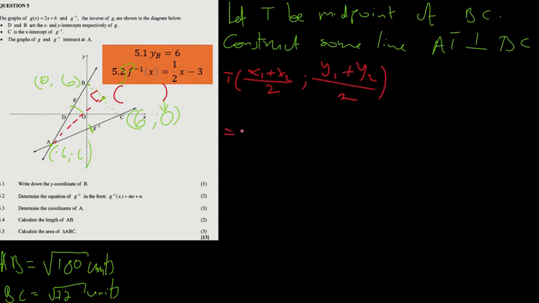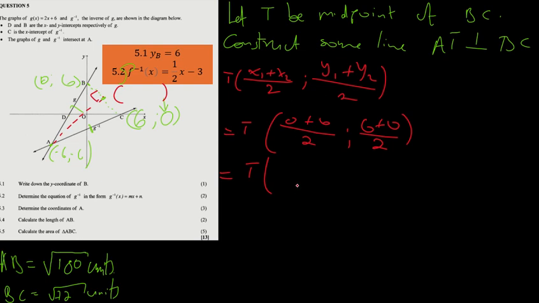So it's going to be 0 plus 6 over 2, which is 3. The rearrangement doesn't really matter anyway in this case. I've started with this one, so it will be 6 plus 0 over 2.